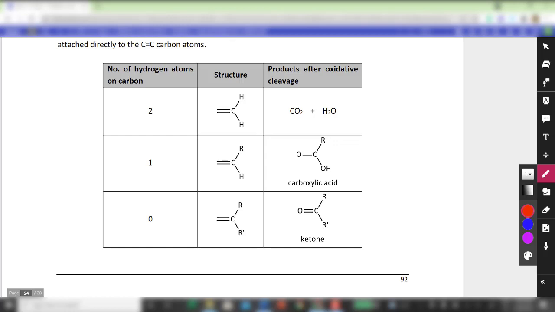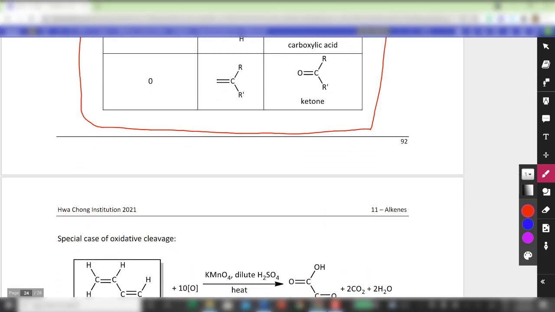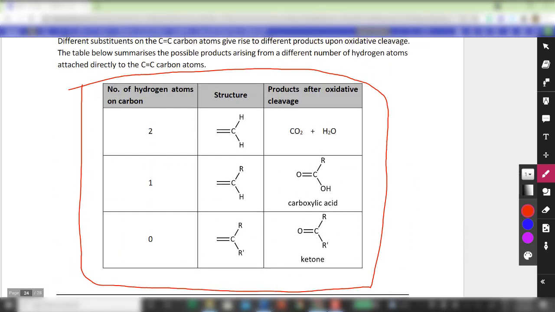So let me make mention of how to predict the products, and it will help you in this journey. You might want to be familiar with this particular table. It's a good summary, but I could explain a little bit more later on.